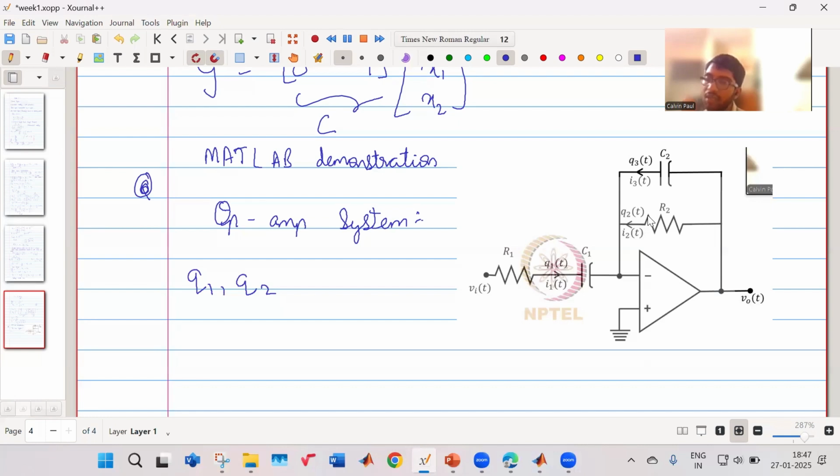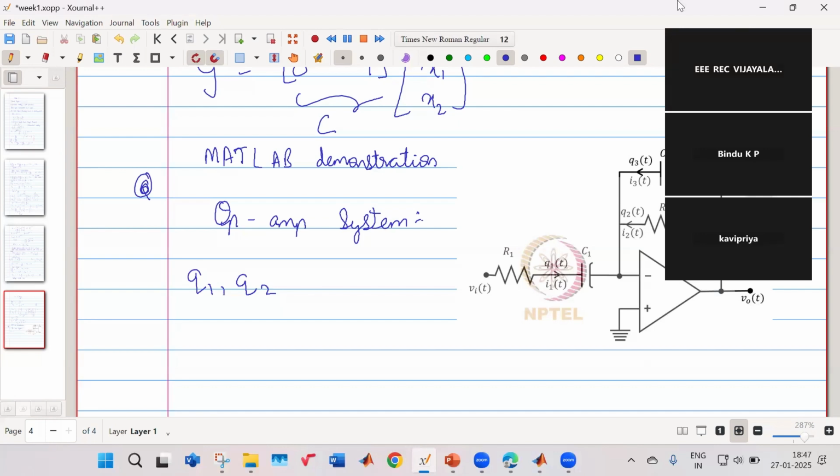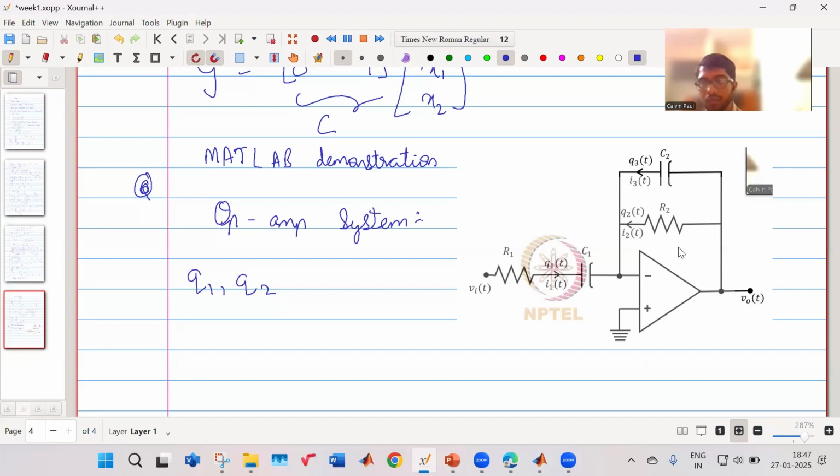Is it negative feedback or positive feedback?